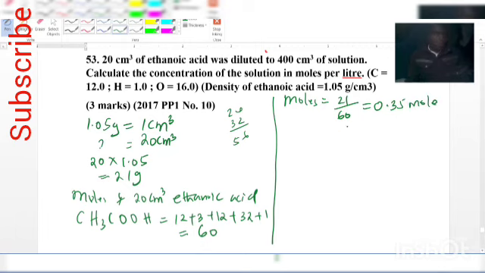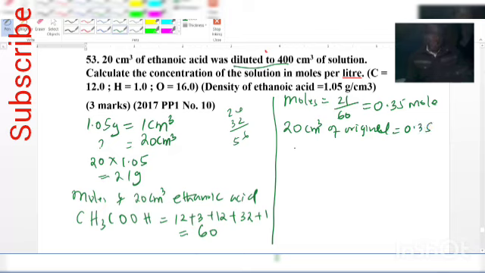So moles of ethanoic acid in 20 centimeters cube of the original, before dilution. Remember it was diluted to 400. Original moles are 0.35. So how many moles are in 400?